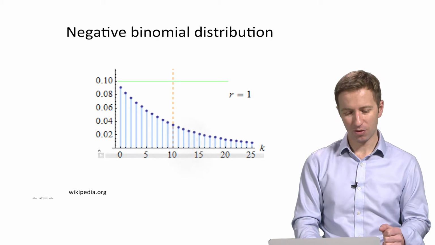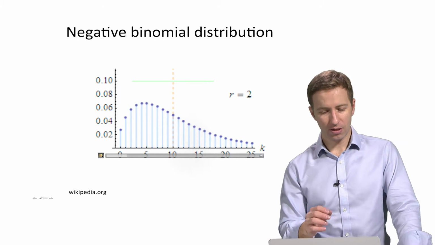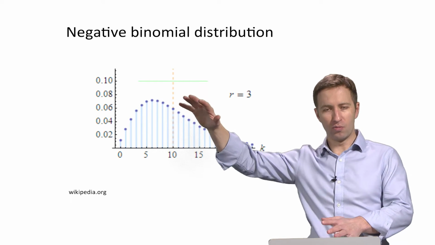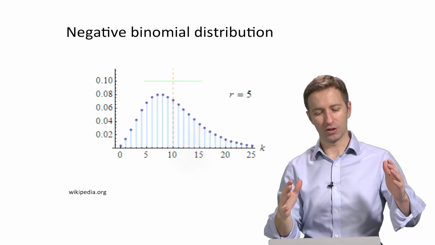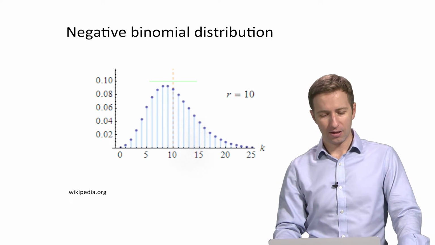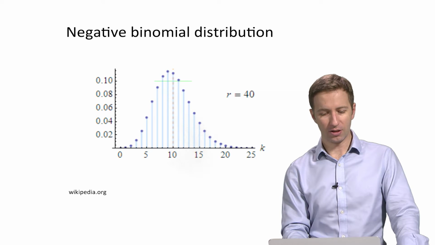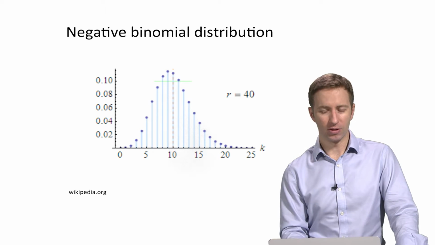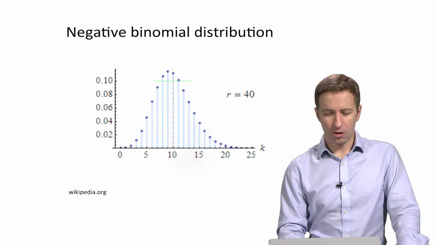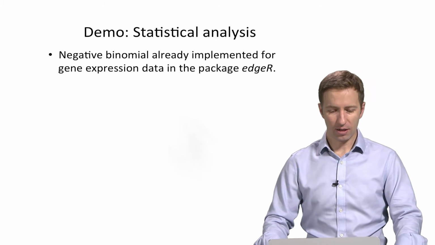So you can get that type of distribution. But as you change the parameters, this distribution can morph to look more like a normal distribution. So it's a very flexible distribution. You can see an animation here as we're changing this parameter R, it's becoming more and more like a normal distribution.